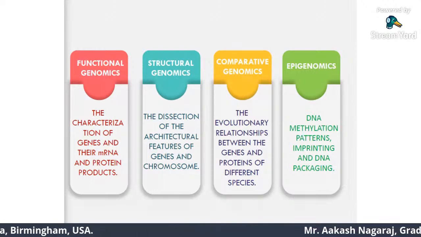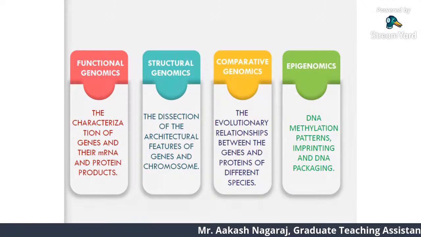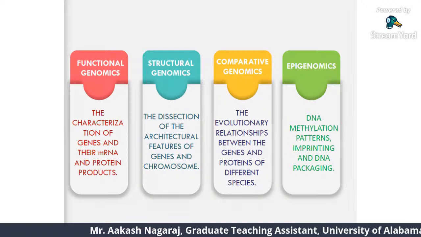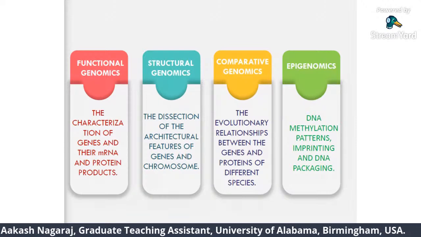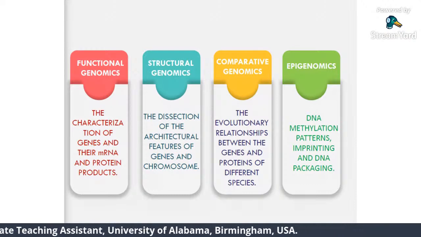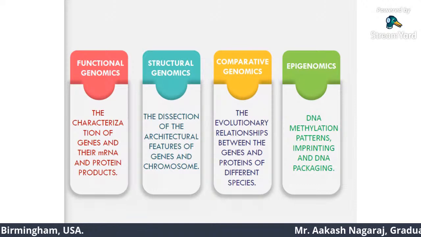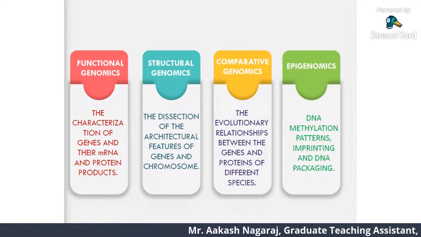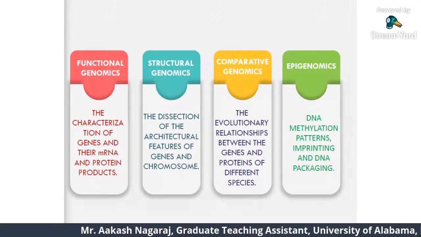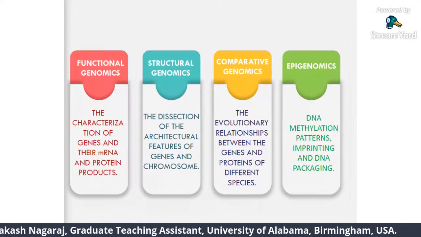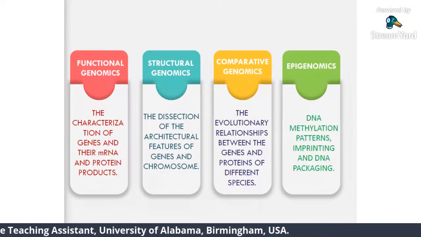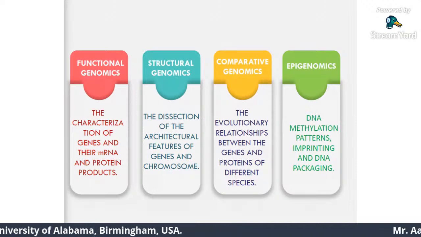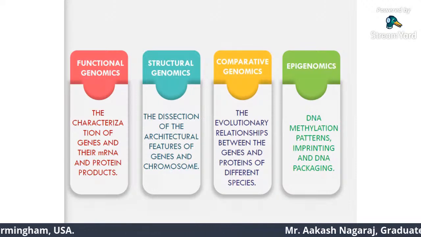So this is basically finding out the sequence of the gene and which protein is produced, and so on. Structural genomics is concerned with the dissection of the architectural features of the genes and the chromosomes, like the structure and how it is positioned, stuff like that.